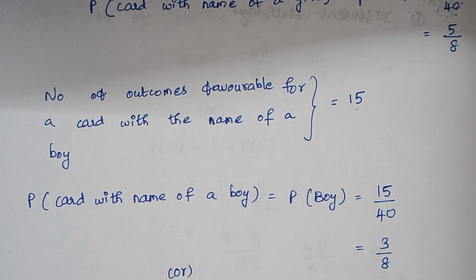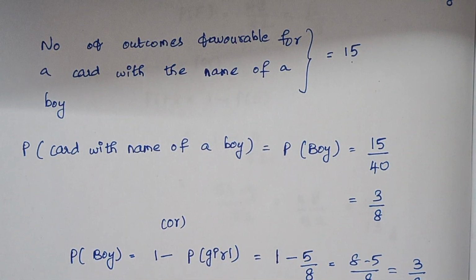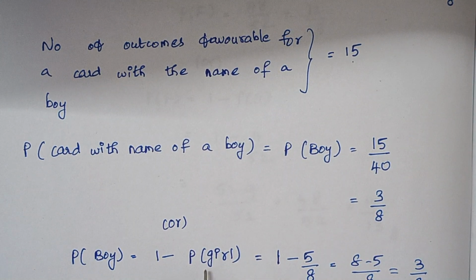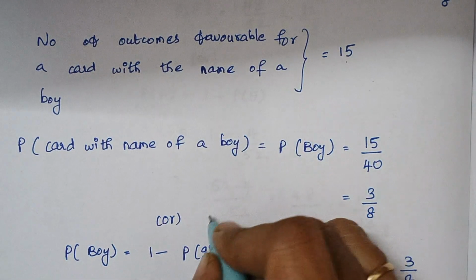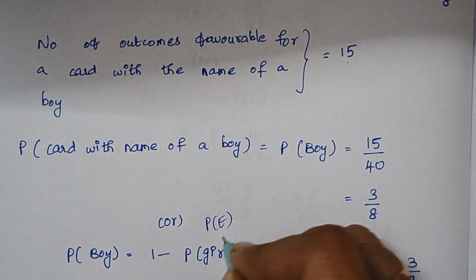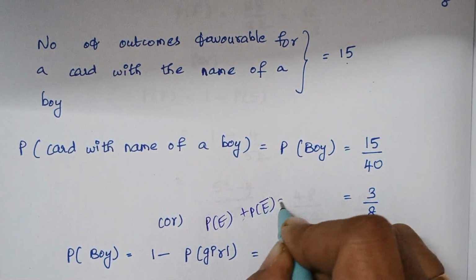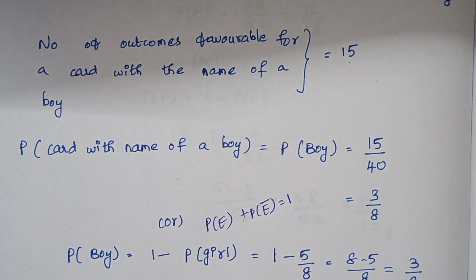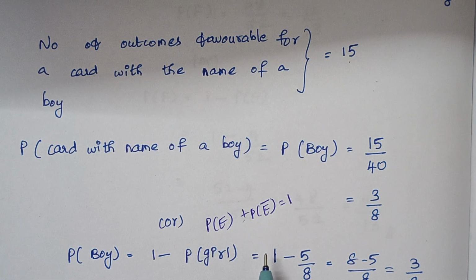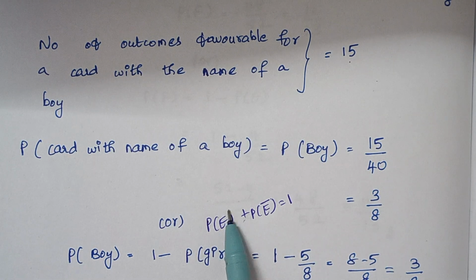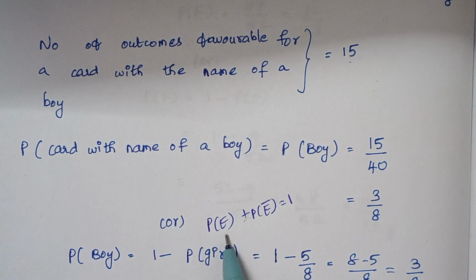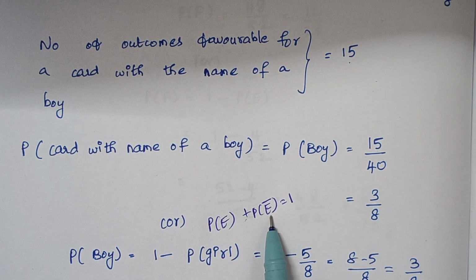There is another method of finding the probability of a boy. The probability of a boy is nothing but 1 minus the probability of a girl. We can say the probability of an event to happen plus the probability of the event not to happen is always equal to 1. Here we have two different categories: one is boy and another one is girl. Let this be the probability of a boy and let this be the probability of a girl.